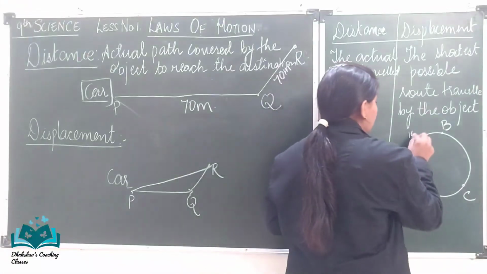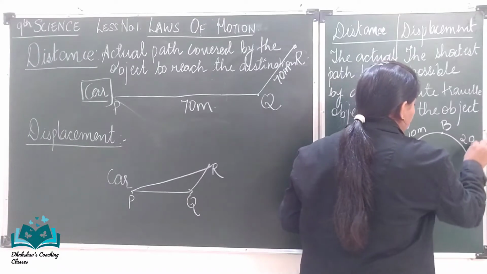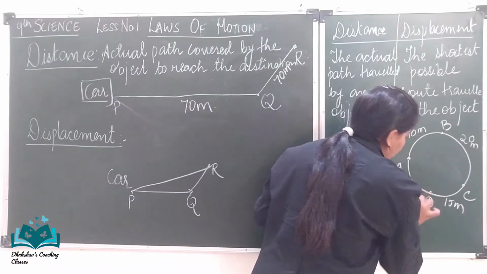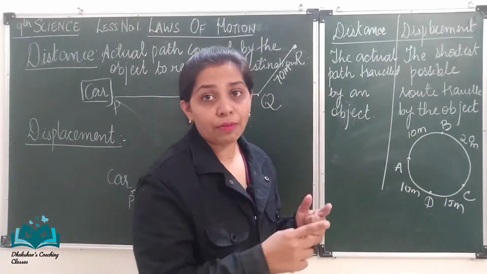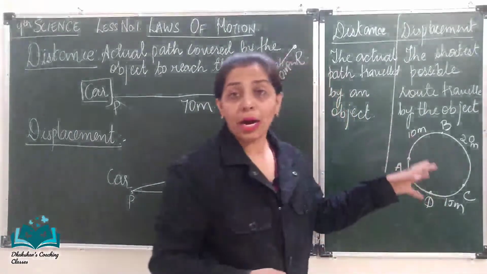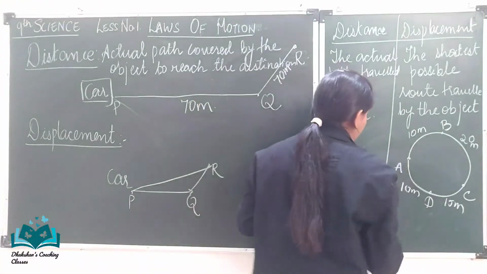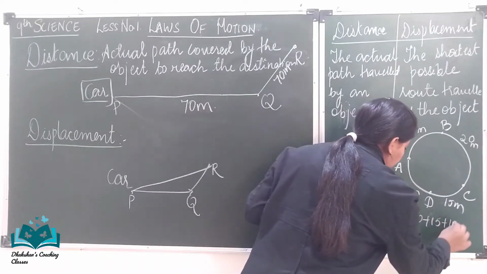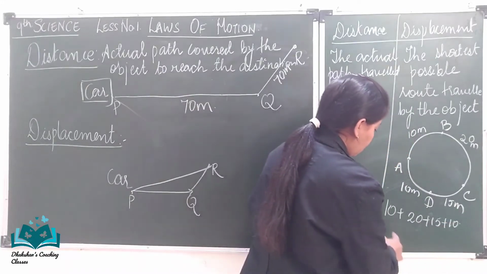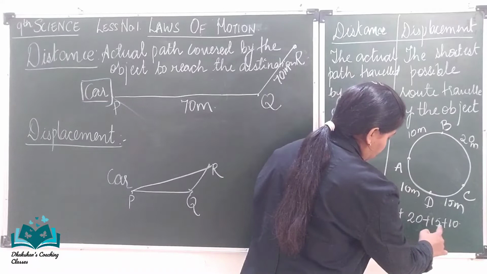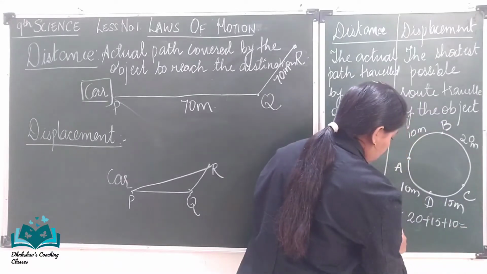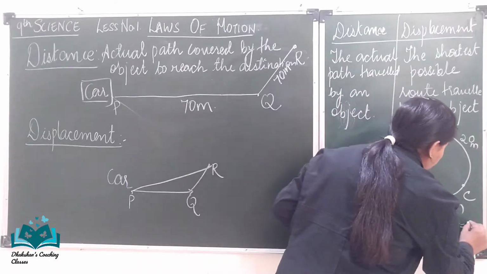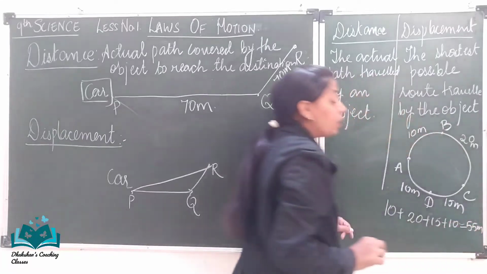Now for example, this is 10 meters, this is say 20 meters, this is say 15 meters, this is say 10 meters. So the actual distance travelled by the object will be what? It will be 10 plus 20 plus 15 plus 10, so it will be 55 meters.